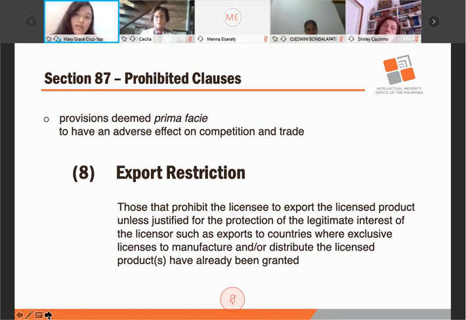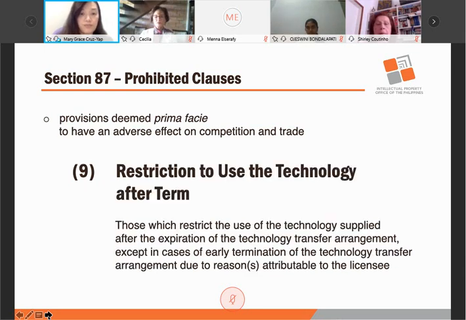This is a case where one's rights begin where the other's rights end, if you understand that saying. If a license has already been granted in a certain territory, then export to that territory may be precluded, and in the TTA, it will not be something that can be prohibited. So export restriction is only prohibited if there's no legitimate justification for the restriction clause.